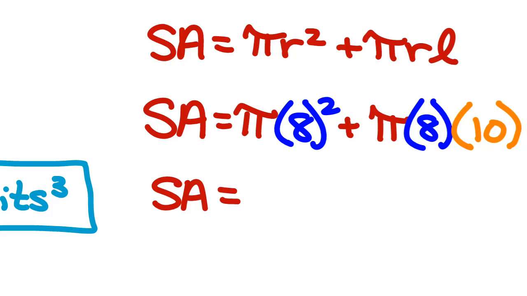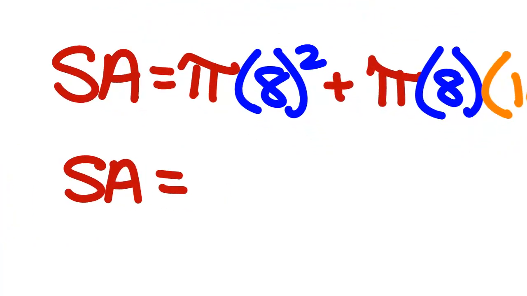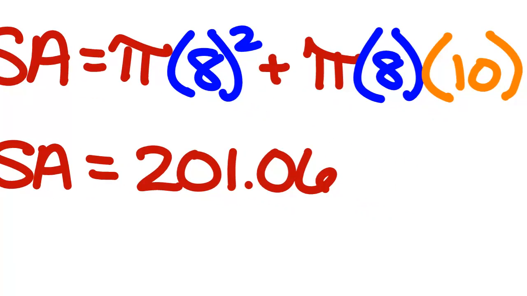Give me just a moment. We'll look at it together. What is pi times 8 squared? Got it. Pi times 8 squared gives us how much? 201.061. And what comes after the 1? A 9, so that's going to round it up to a 2.